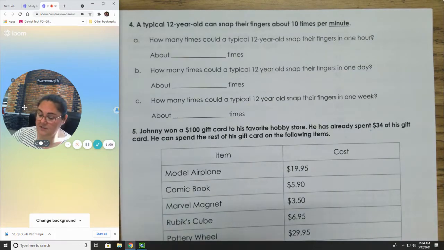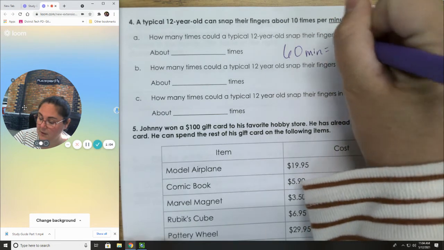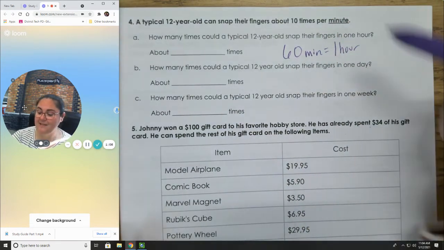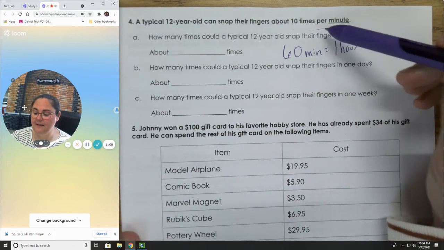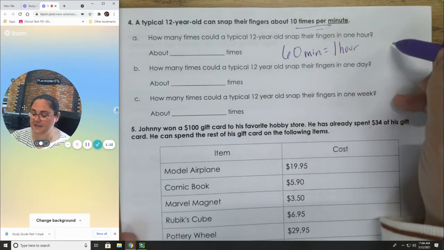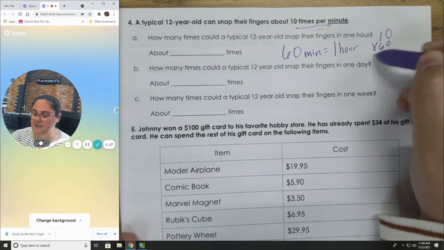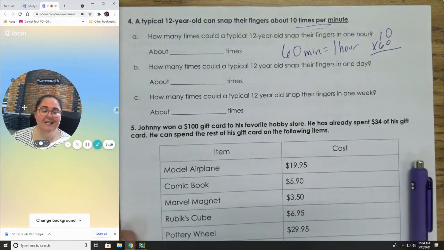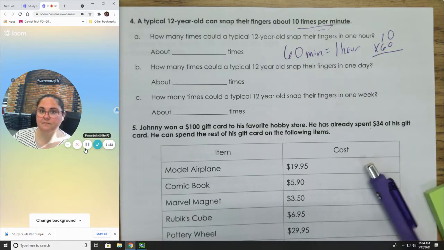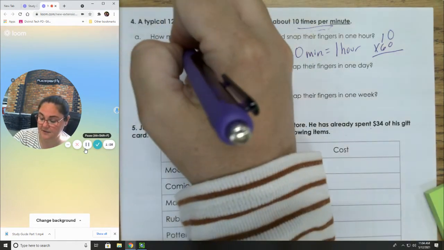I know that there are 60 minutes in 1 hour, which means I'm going to take this amount right here and I'm going to multiply by 60. So we're going to do 10 times 60. What is 10 times 60? 10 times 60 is 600.